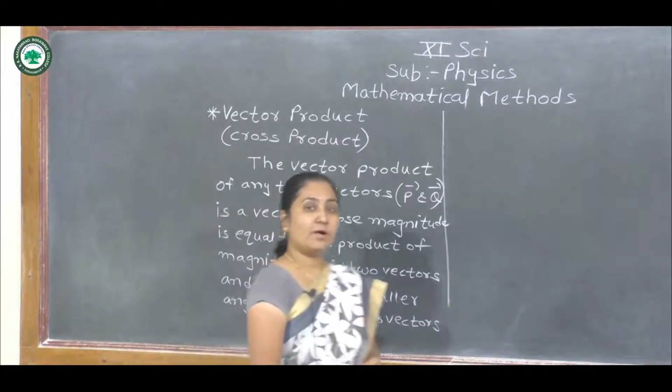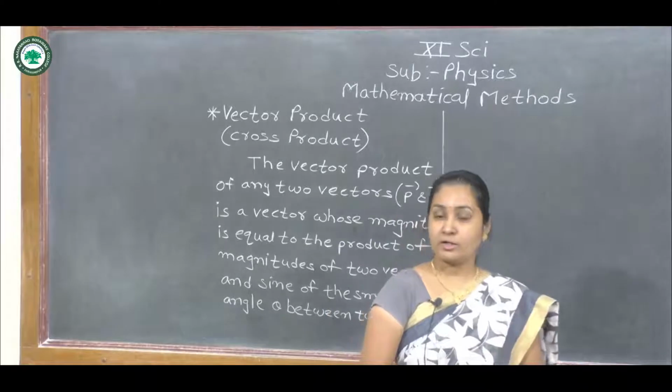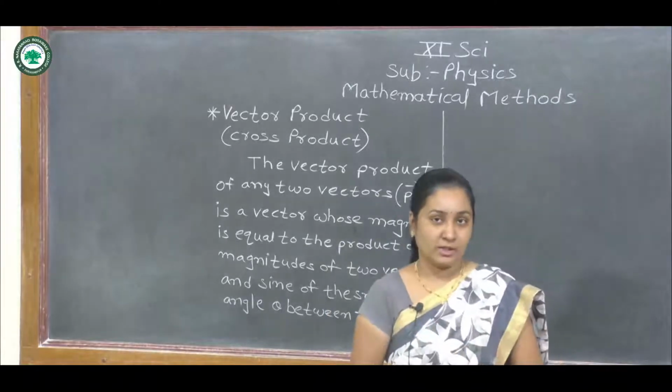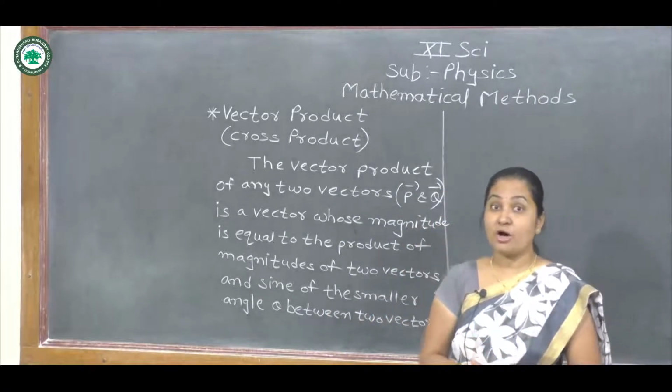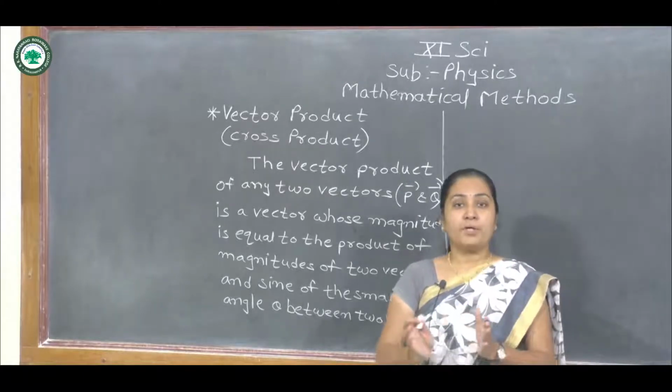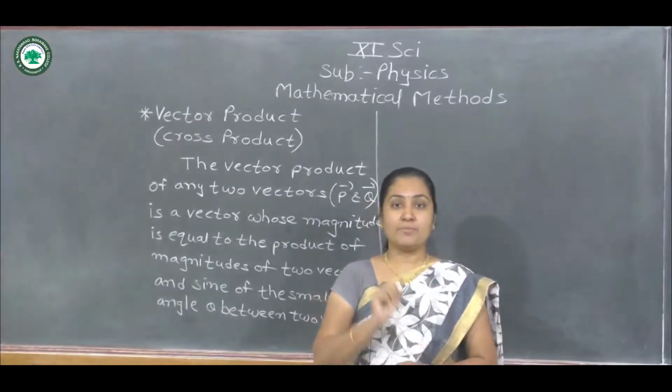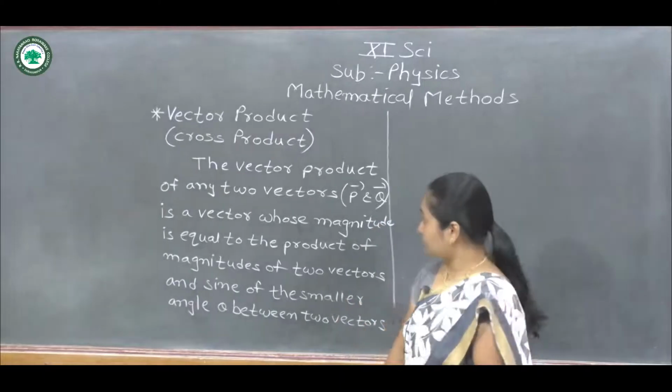So this is the definition of vector product or cross product. Vector product is also called cross product because it is shown by the cross sign.